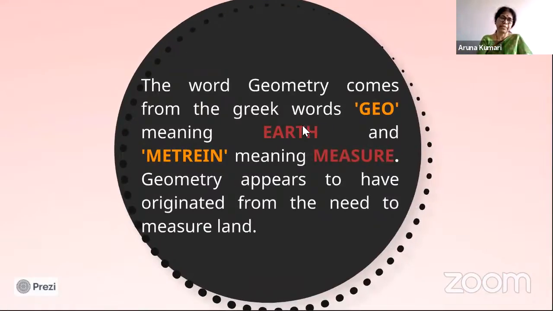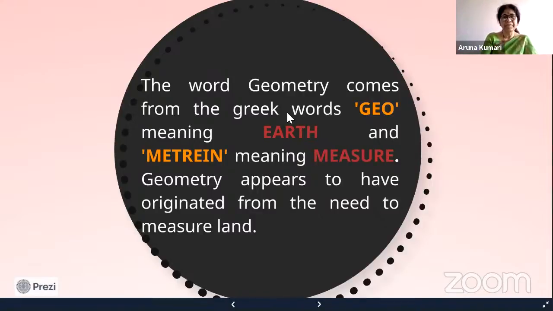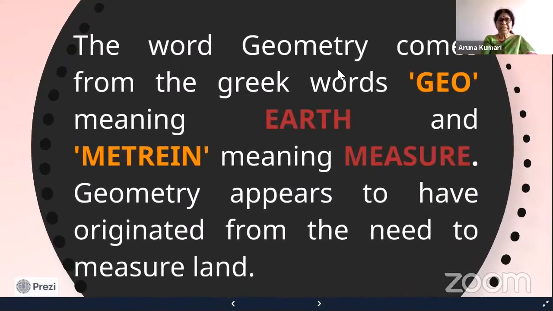Now coming to the history. Okay, just now you watched some applications. Okay, what is geometry? Let us see. See, the word geometry comes from Greek words. Geometry is not an English word. It comes from the Greek words geo, G-E-O, meaning earth, and metrein, M-E-T-R-E-I-N, meaning measure.